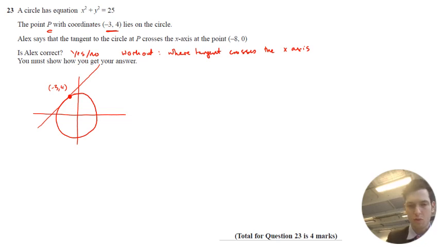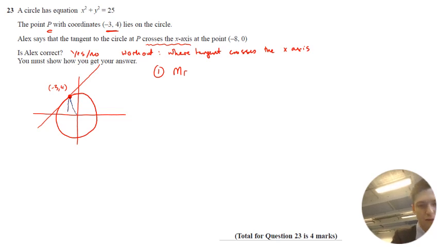Okay, so whenever I'm doing these questions with circles and equations, before I worry about where it crosses the x-axis, my first step is always going to be to find the gradient m of the radius. So let's draw on the radius. There is the radius.